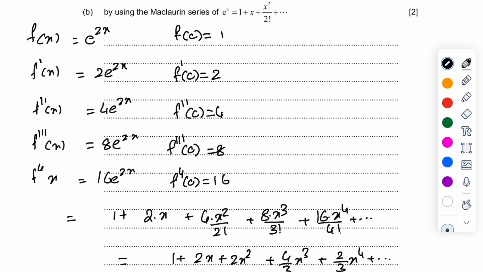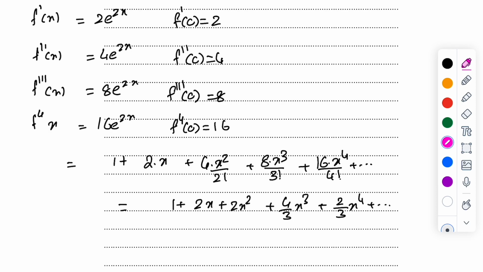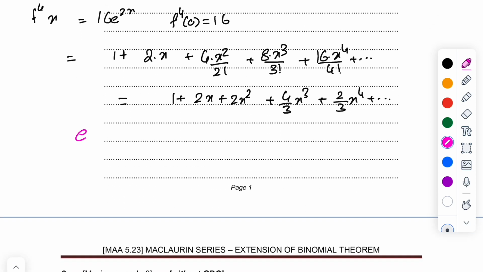Now, the second option is nothing but using the Maclaurin series of e power x. So he has given the e power x Maclaurin series as 1 plus x plus x square upon 2 factorial plus x cube upon 3 factorial, and so on. So in this one, wherever x is there, plug in 2x.